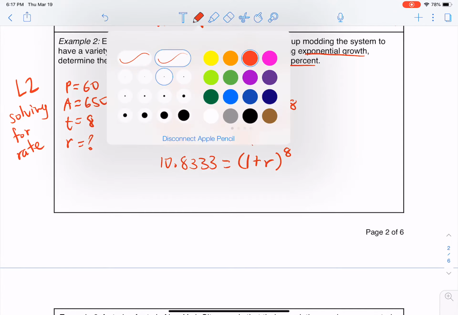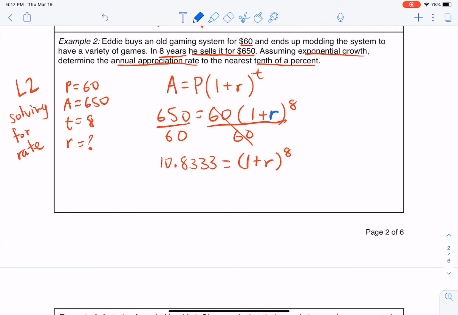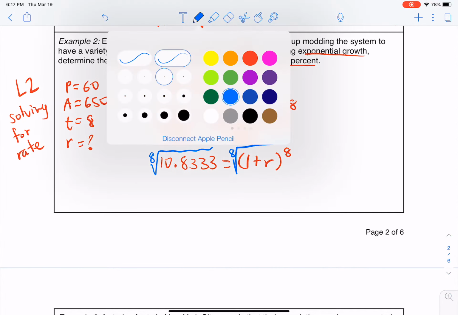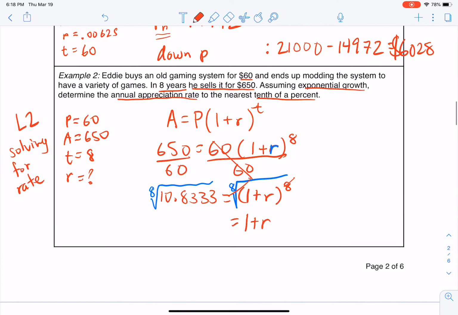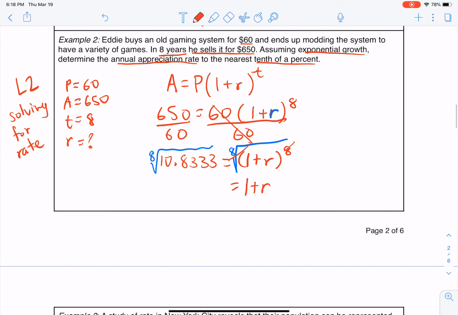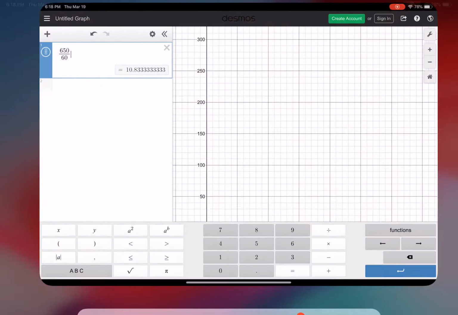Okay, so we need to undo that exponent of 8. To do that, we take the 8th root of both sides. So on the right side of the equation, that's going to cancel out our exponent, and we're left with 1 plus r. I can't do this by hand, so I'm going to have to go to a calculator. I'll use Desmos.